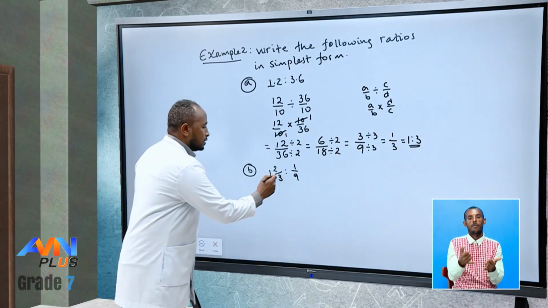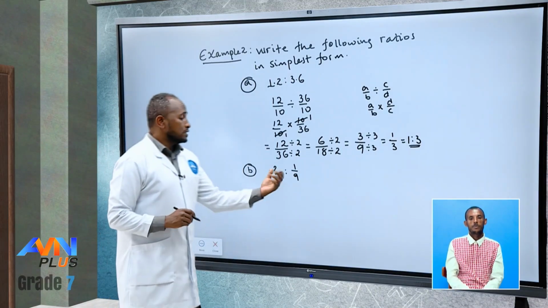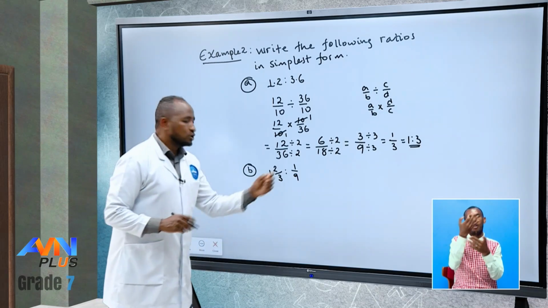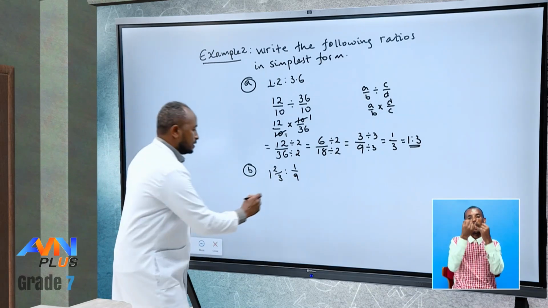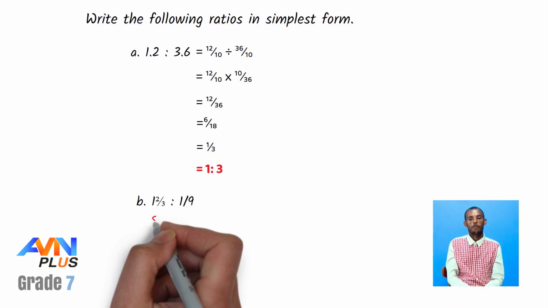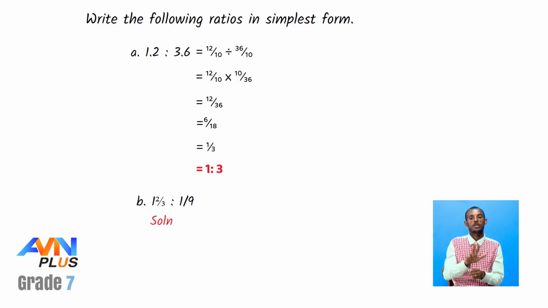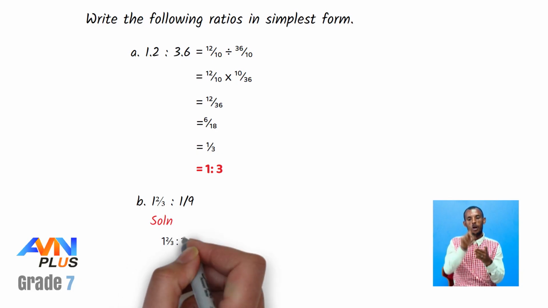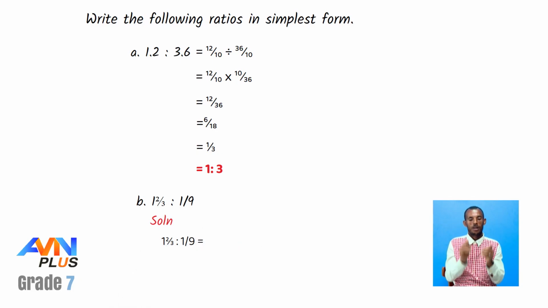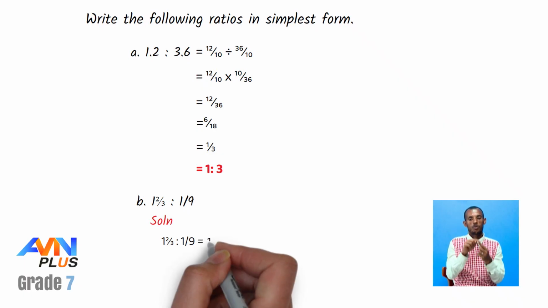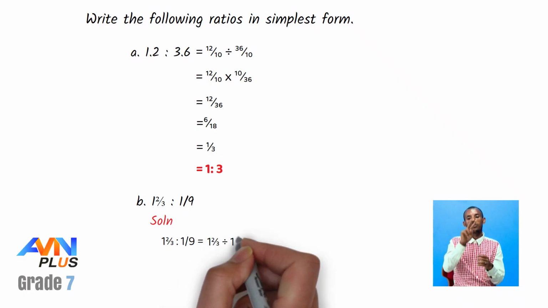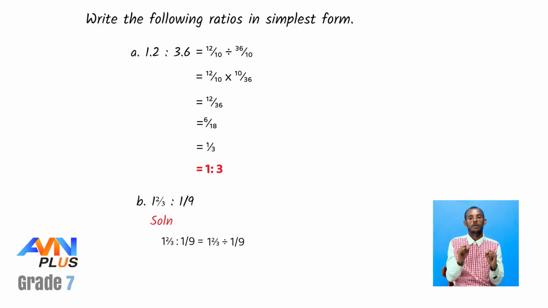Now, to write this in simplest form, this ratio means division. Therefore, here, 1 and 2/3 ratio 1/9 is equivalent to 1 and 2/3 divided by 1/9.